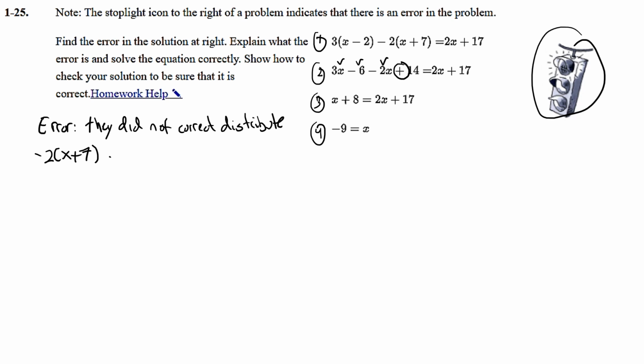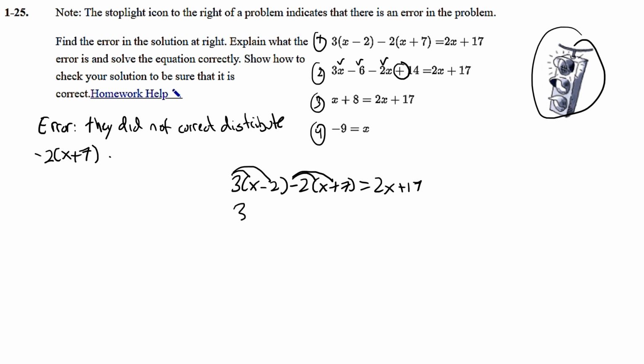So let's show how to do this. We're going to redo the problem down here. Let's redo this correctly and make sure we get the right answer. So here we go. We'll distribute through correctly.